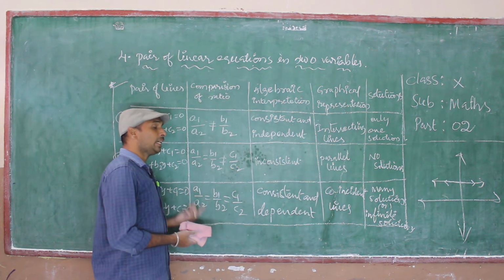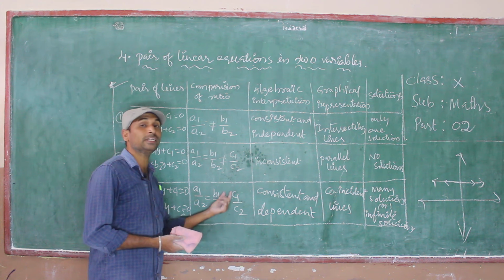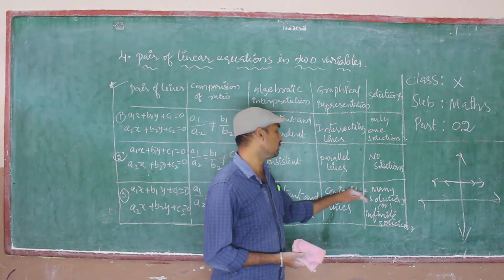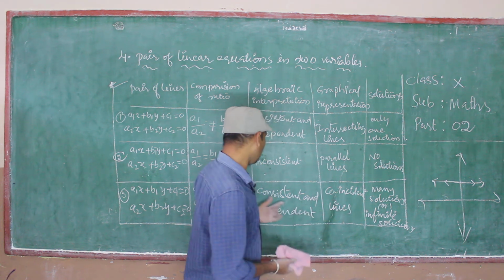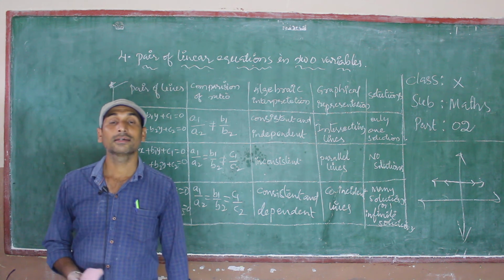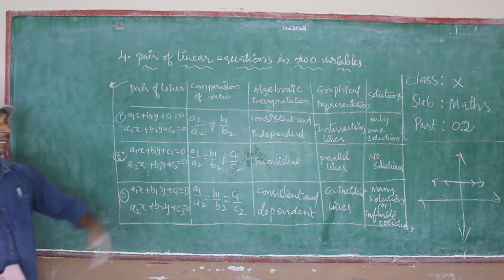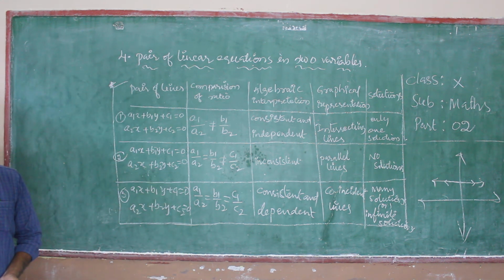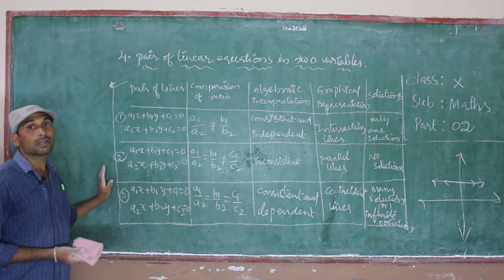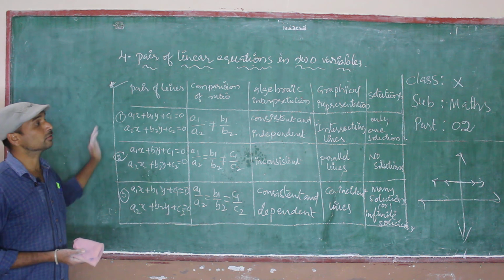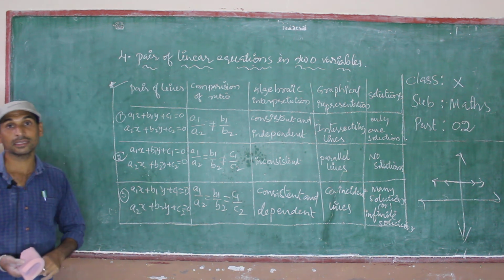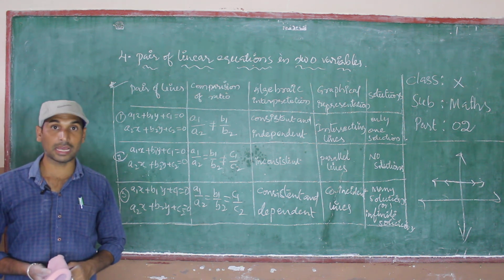Then if all three are equal, coincident lines, consistent and dependent, many or infinite solutions. Okay? Based on this, they will ask questions, children. How to solve the given problems using these three conditions, we will discuss in the next class. Okay?